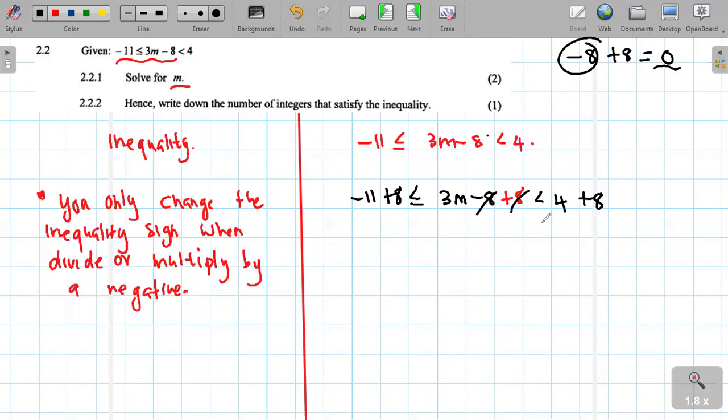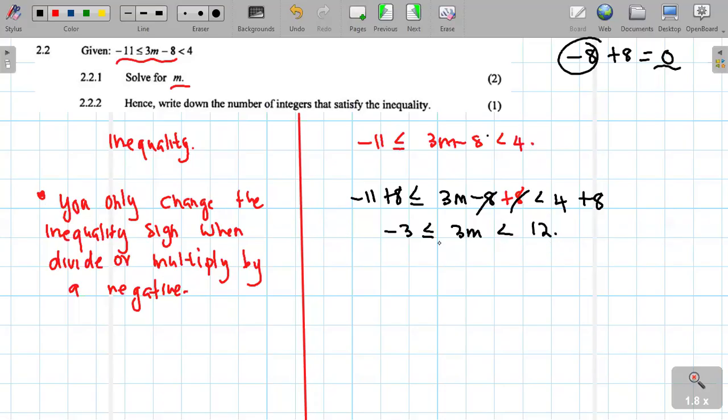What am I left with? Negative 11 plus 8 gives us negative 3, which is less than or equal to 3m, and 4 plus 8 gives us 12.